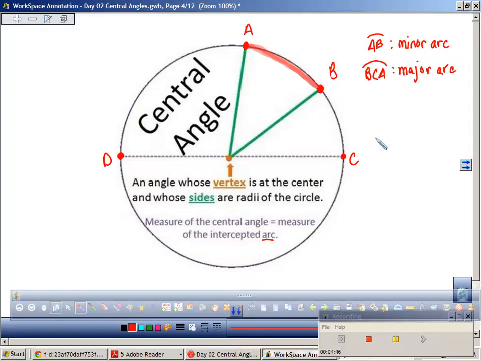That's how you know they're major. Or I could have called it B, D, A, but it has to go in order. I could not have called it A, D, C, because that doesn't go all the way around. All of those would be acceptable, as long as it goes all the way around until it comes back to where we have our intersections here.